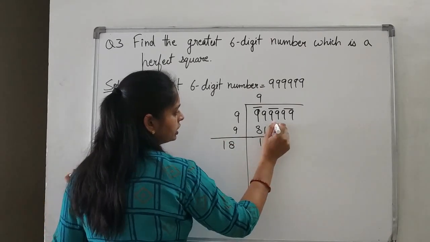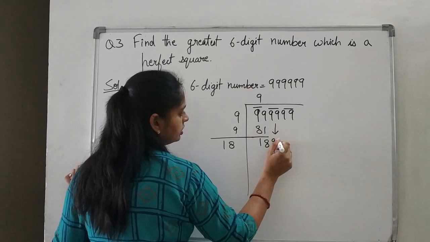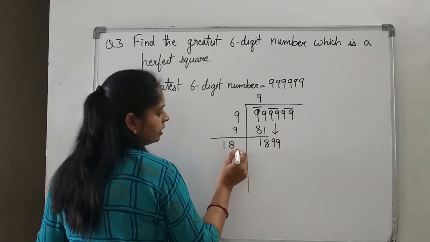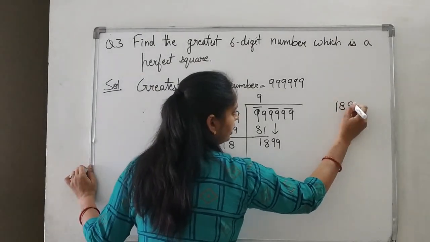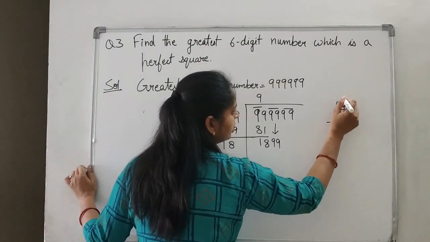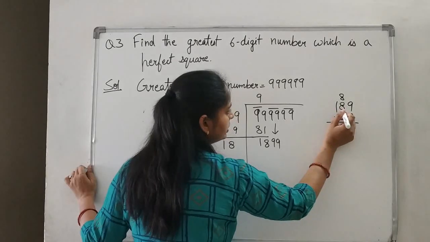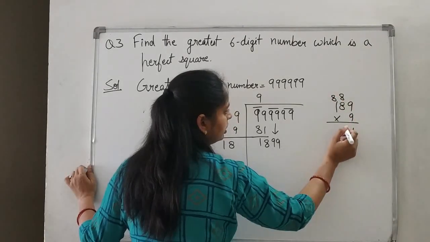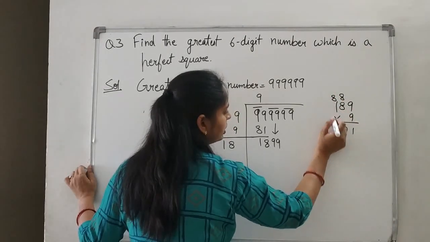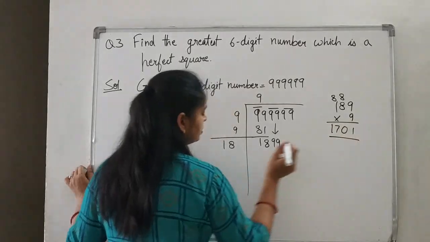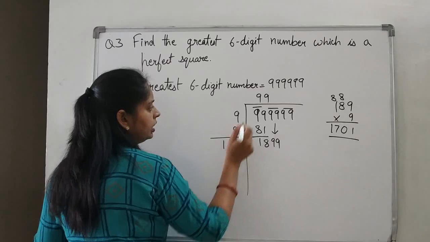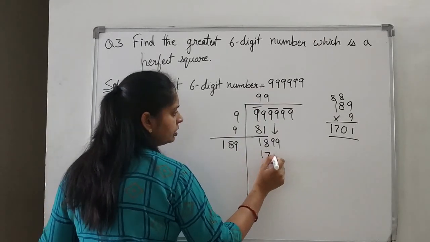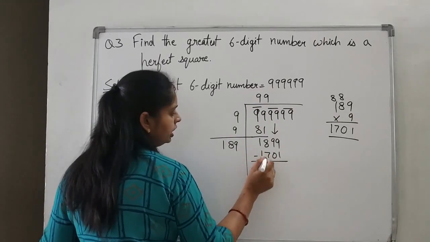So again next pair we are getting as 99 and 18. So I think I have to go for 9s only. Let's check. 9 9s is 81, 9 8s are 72 plus 8, 80, so this will go 9s are 189, 9s is 1701.